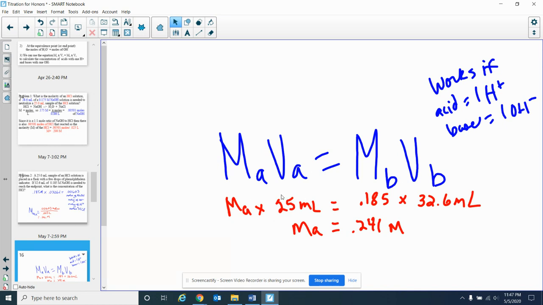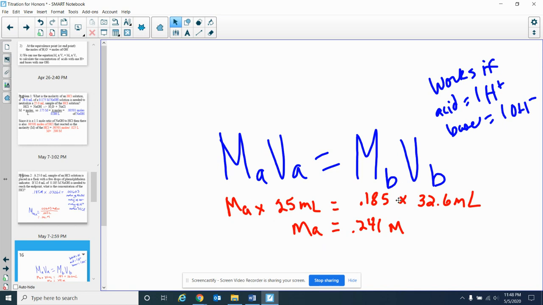So for that problem I just did, we know the molarity of the base, 0.185. We know the volume of the base, 32.6. We know the volume of the acid, it's 25. What we're solving for is the molarity of the acid.